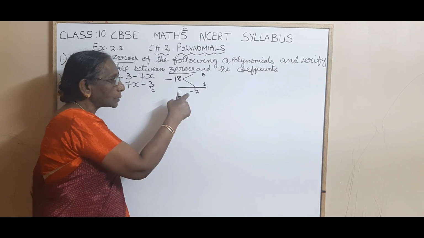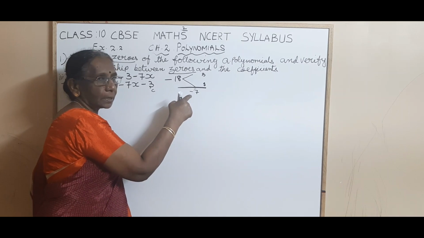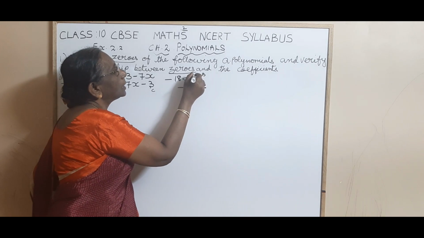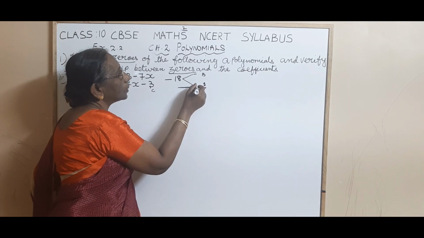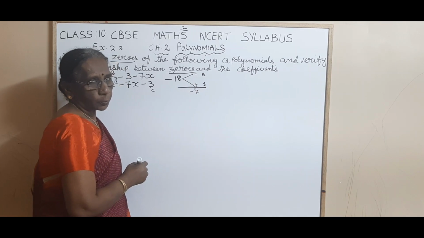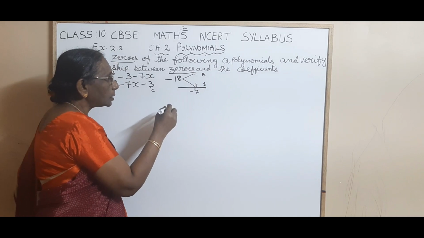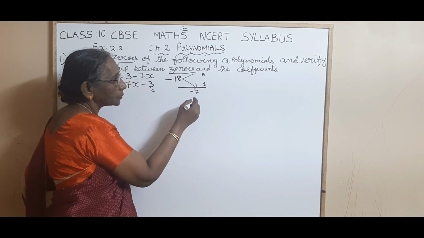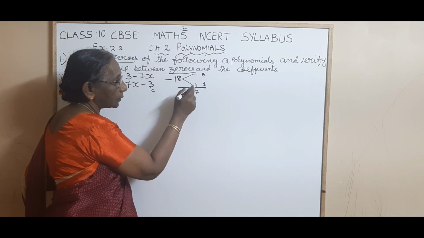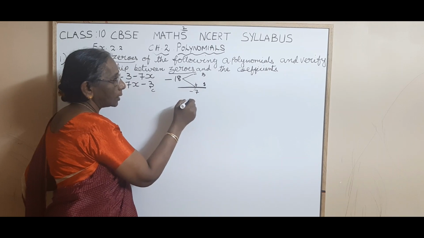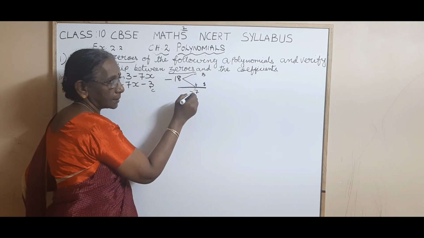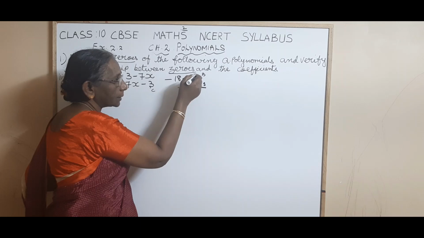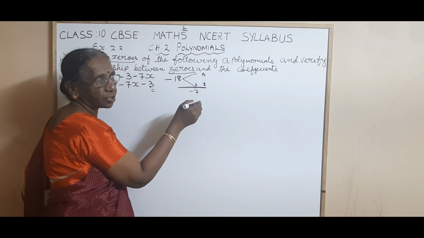Here the sum is negative, therefore the big number should be negative and the small number should be positive. When you add, you have to get minus 7. Since they have different signs, you have to subtract and check.